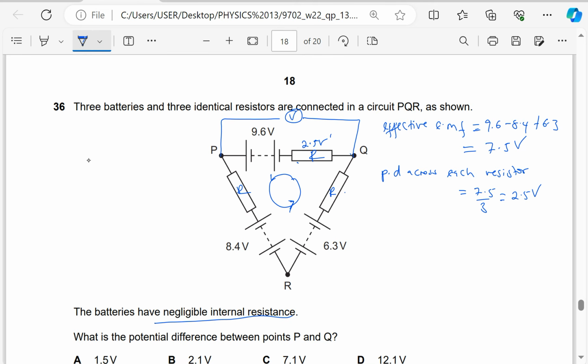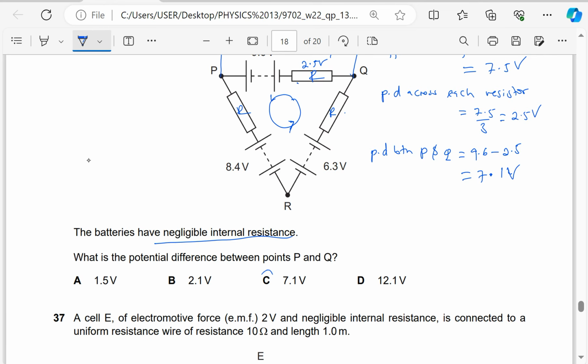So the PD between P and Q is going to be equal to the EMF on that branch, which is 9.6 minus the PD across the resistance, which is 2.5. And I think this gives you 7.1 volts. So the answer is going to be 7.1.